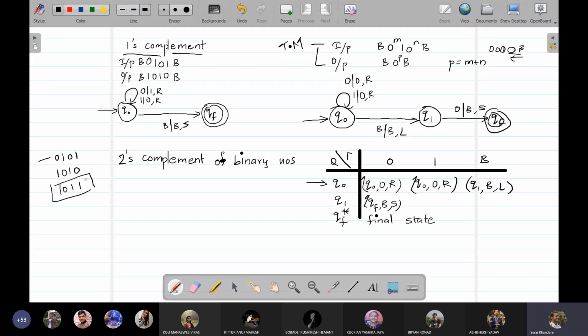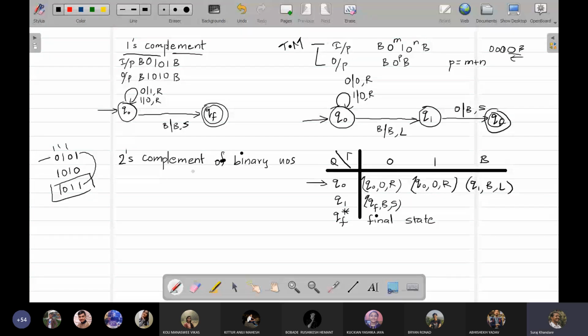So if you observe the input, this one that is present is the same, and after that whatever zeros and ones are coming, that gets changed: 0 is converted to 1, 1 is converted to 0, and 0 is converted to 1.